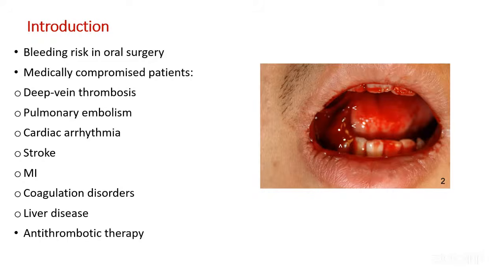Many of these patients, basically the cardiac patients and those with stroke and MI, are most likely consuming antithrombotic therapy, which is medication that prevents the clotting of their blood. Therefore, the risk of bleeding in such a group of patients is high.